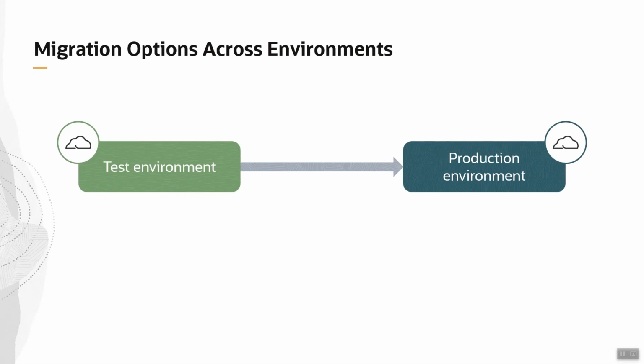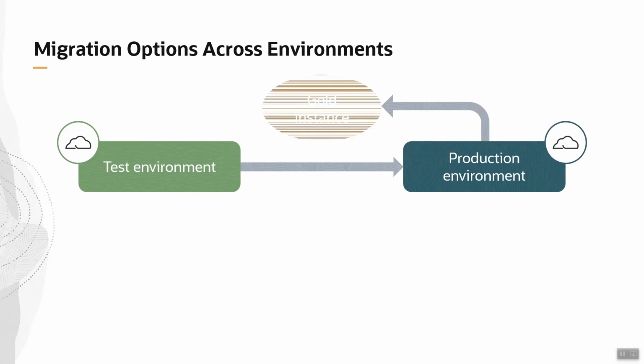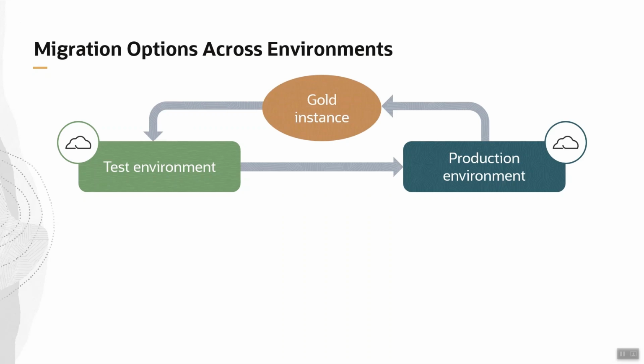Certain products need a third instance, often referred to as gold, or you can purchase extra instances as required, which will give you more opportunities to migrate data between environments based on business requirements, for example from production to gold.